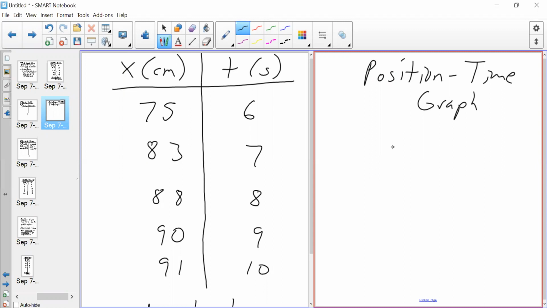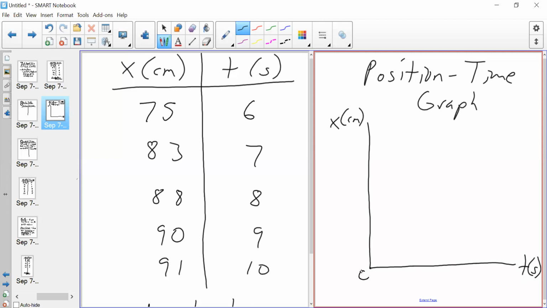So now, as I mentioned before, all the data in the left column is going to go on the y-axis, the vertical axis, and the data in the right column on the x-axis. So our position time graph is going to have t for time, with units of seconds, and x for position, in centimeters, because we're typically going to measure our car's positions in centimeters.